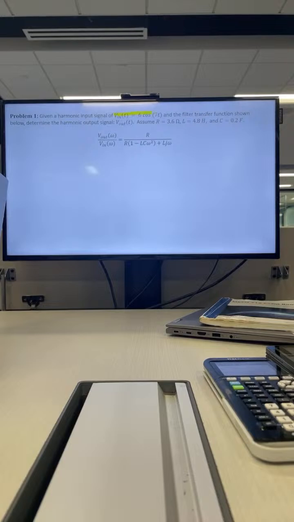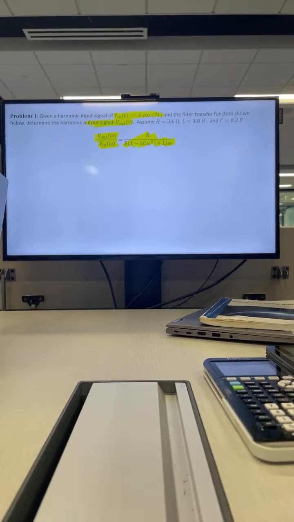V in is 6 cos 7t, and the filter transfer function is given by V out by V in by this formula. Determine the harmonic output signal V out.